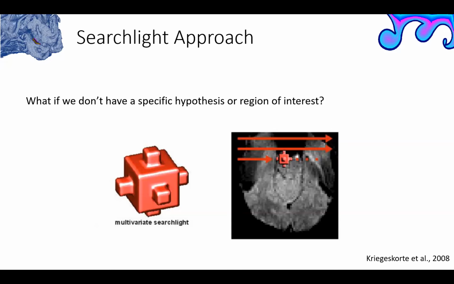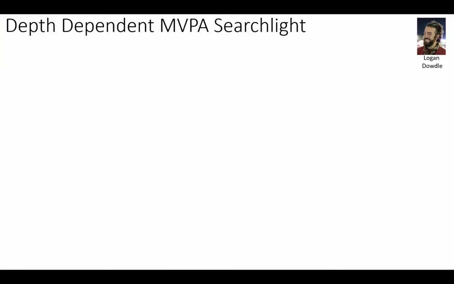You perform your SVM decoding, and then you start sliding the sphere across the brain, centering on all neighboring voxels, and keep repeating your SVM decoding. What this leads to is a map of decoding. Obviously, it's a blurred map, because you're subsampling your space in a way, but it allows you to look at decoding performance across the brain.